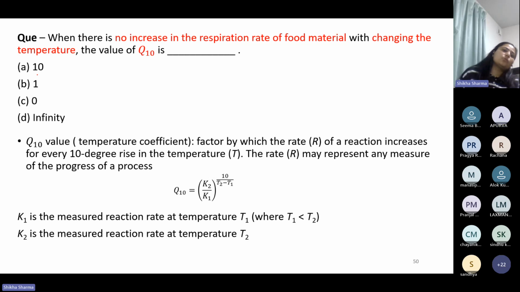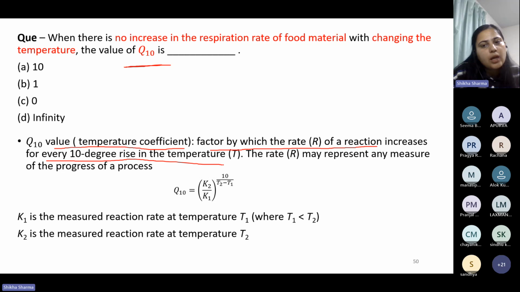When there is no increase in the respiration rate of food material with changing temperature, the value of Q10 is? We already discussed in our very first week lecture that the Q10 value, which is the temperature coefficient, is the factor by which the rate of a reaction increases for every 10-degree rise in temperature.